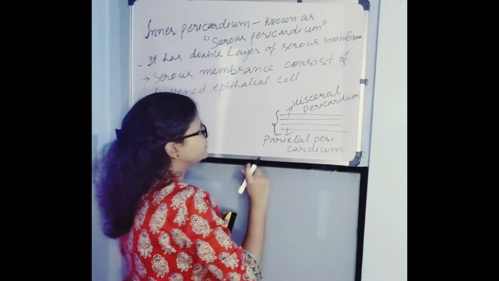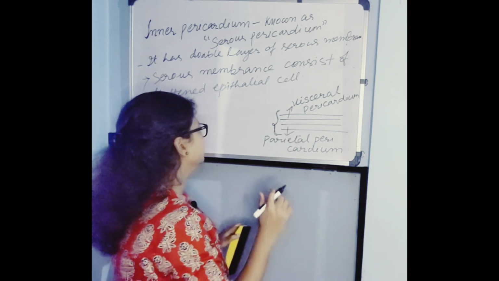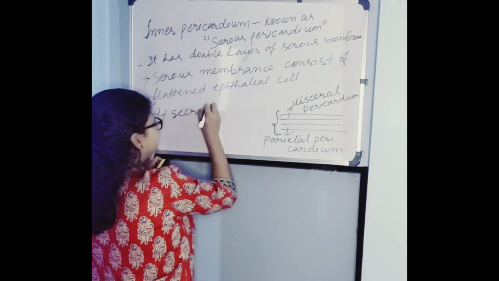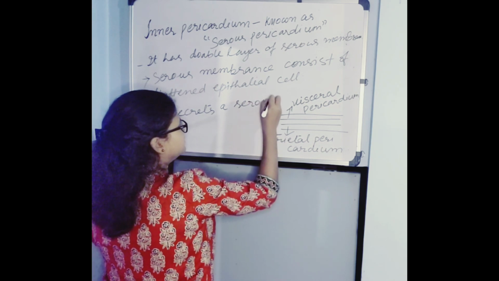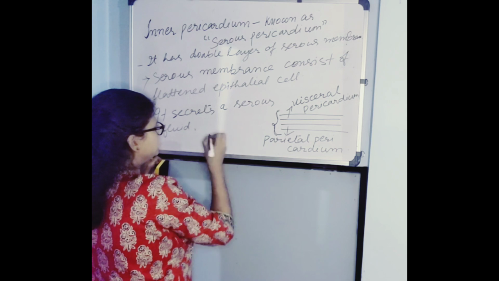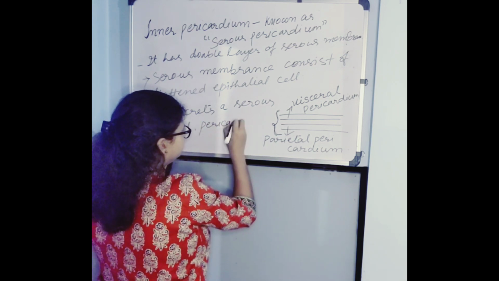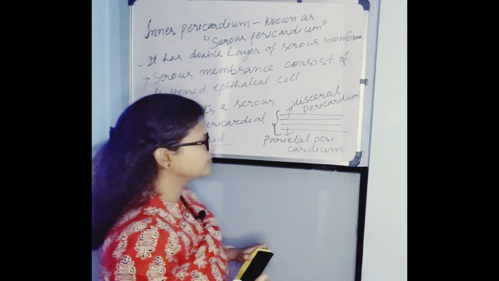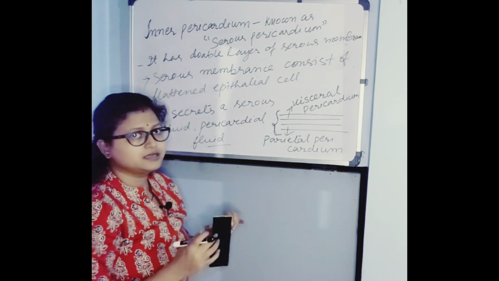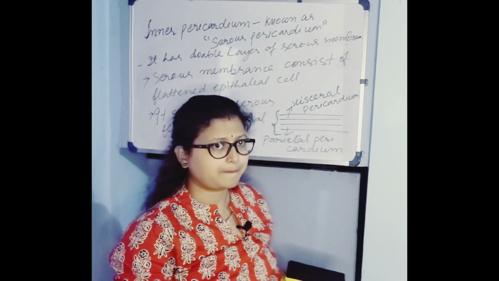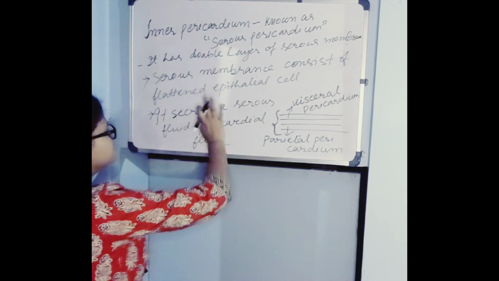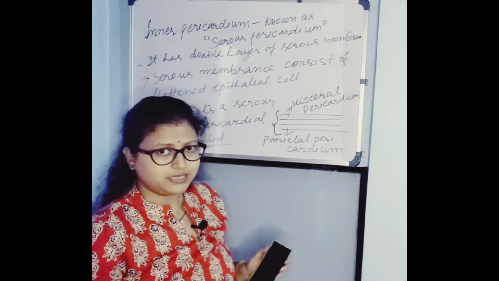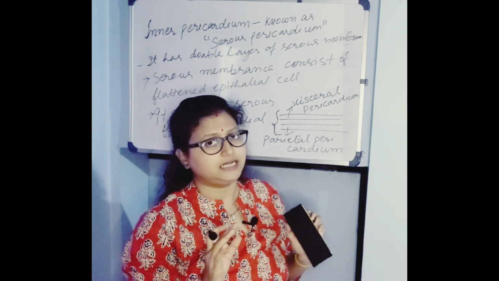This serous membrane secretes a serous fluid known as pericardial fluid, and this helps in the smooth movement when the heart beats.